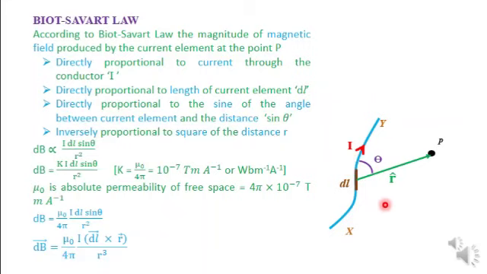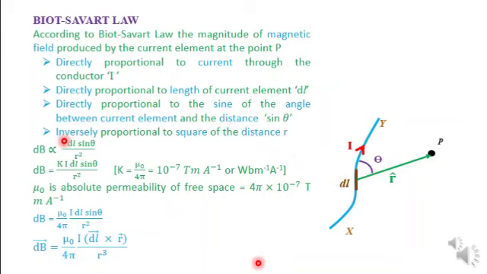The magnetic field at a point P due to the current element is directly proportional to the current I in the element, directly proportional to the length dl of the current element, directly proportional to the sine of the angle between current element and distance, that is sine theta, and inversely proportional to the square of the distance r between the current element and the point.